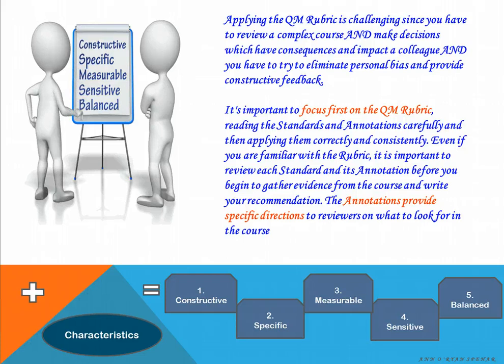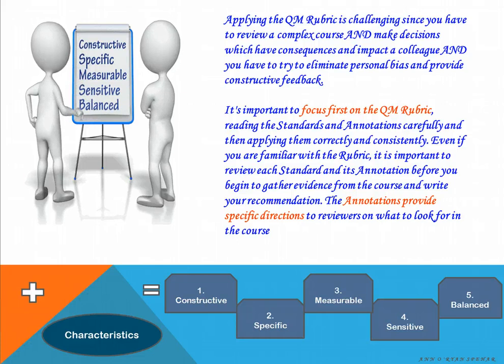So it's very important to focus first on the Quality Matters rubric, reading the standards and annotations carefully, and then applying them correctly and consistently. Even if you are familiar with the rubric, it's important to review each standard and its annotation before you begin to gather your evidence from the course itself and then to write up your recommendations. Remember, the annotations provide specific directions to reviewers on what to look for in the course.